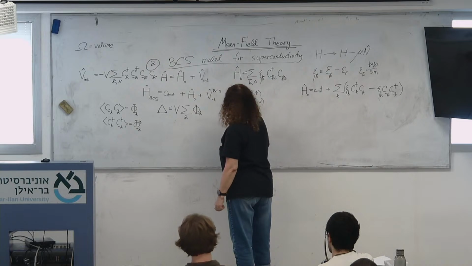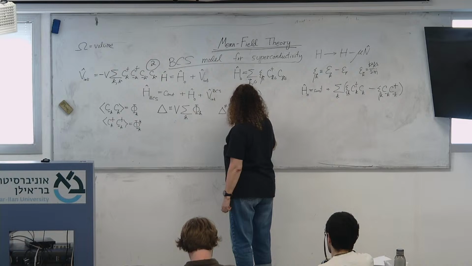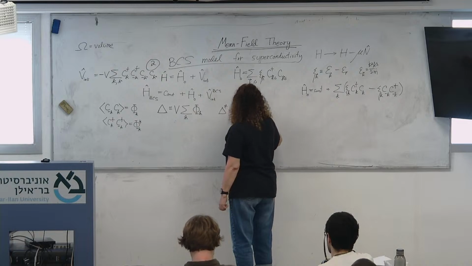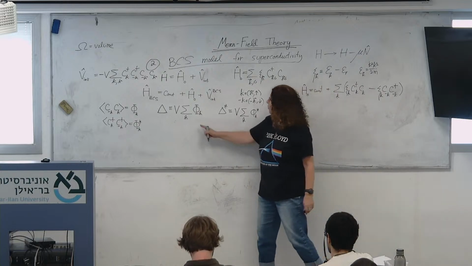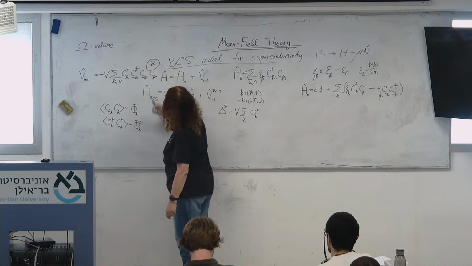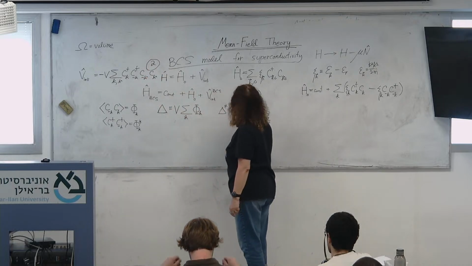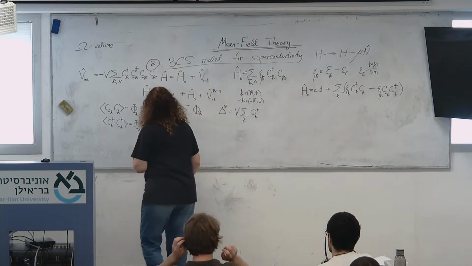It's going to be the v delta star is the same v, which is real, times phi k star. Okay? So delta comes from putting expectation value on the CC and the delta star on the C dagger. Okay? And then I get.